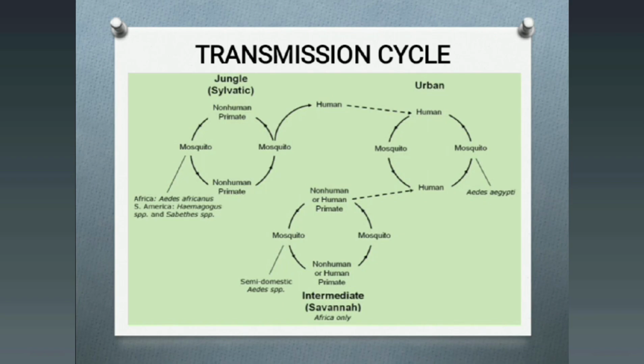The infected humans will go to the urban cycle, where humans infect mosquitoes and mosquitoes cause infection in other humans. The third is the intermediate cycle, where non-human primates or humans are infected, and mosquitoes bite these infected humans and then bite uninfected humans and cause infection. So 3 types of life cycle occur.